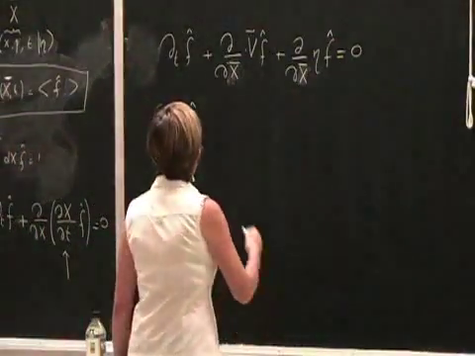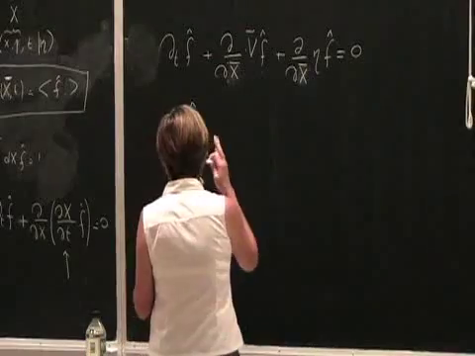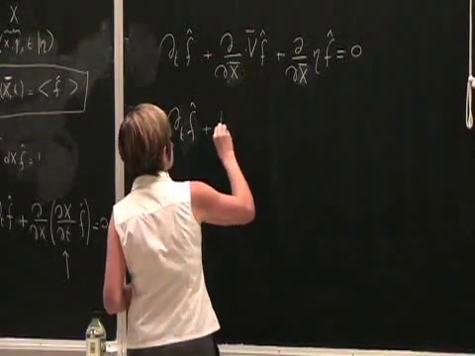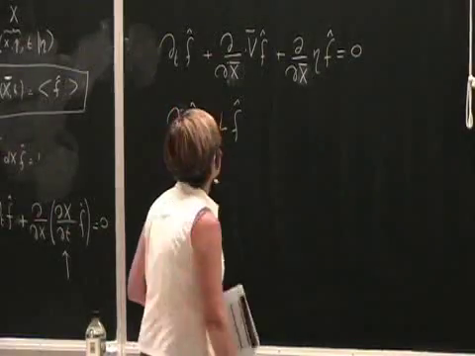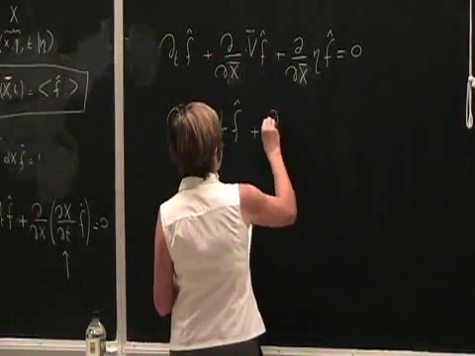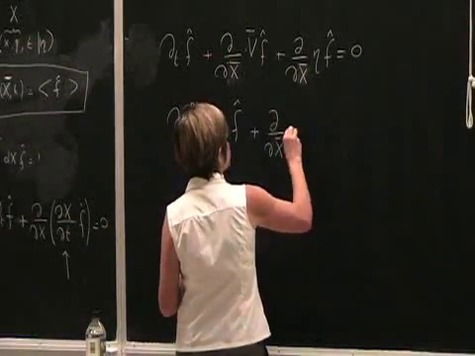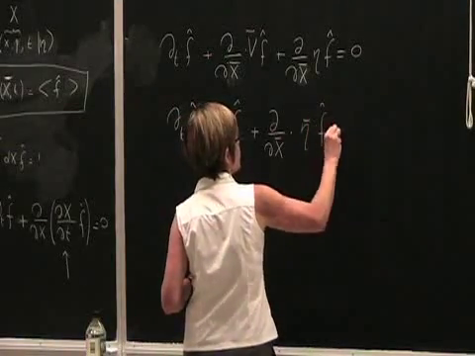Okay. Let me just formally rewrite these. I define some operator L, it is just this operator, whatever it is, and so these are all vectors now.